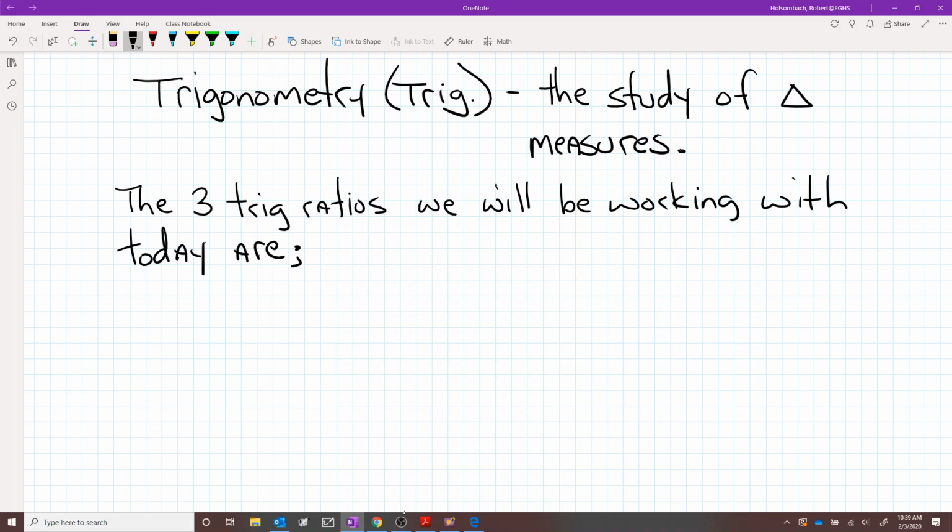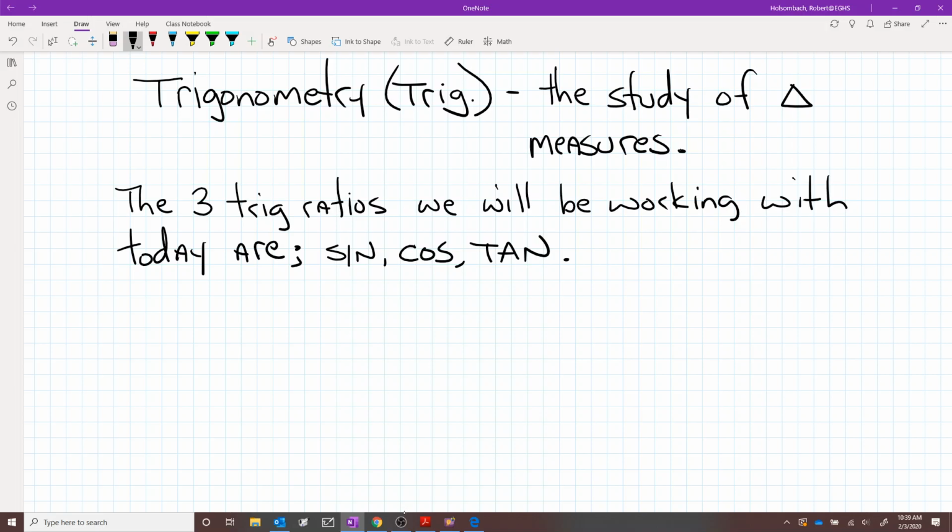It's the sin, cos, tan, which we call sine, cosine, tangent ratios. And if you look at the second function behind each button, you'll see sine raised to the negative 1 power, cosine raised to the negative 1, and tangent raised to the negative 1. We'll be using those next.